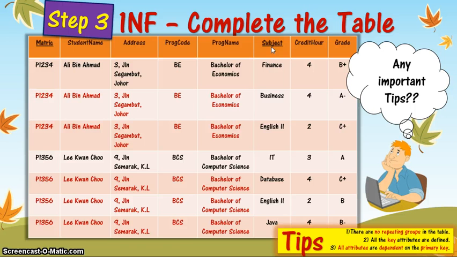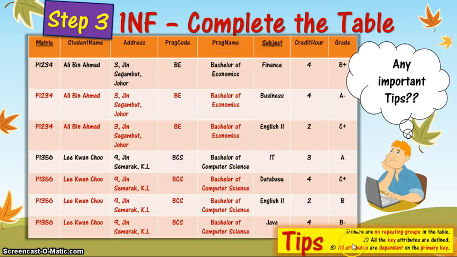So once we identify the PK, you have to make sure the attribute is underlined. This is the sign that this is a PK. We have two PKs, metric and subject. So now, is it complete? Yes, this is the complete table of 1NF.